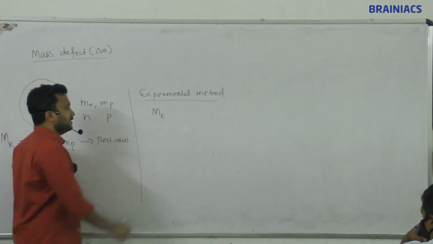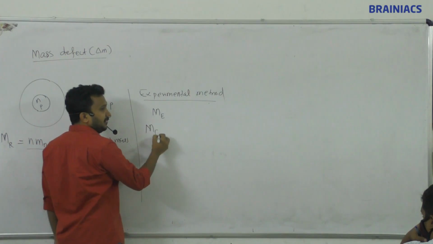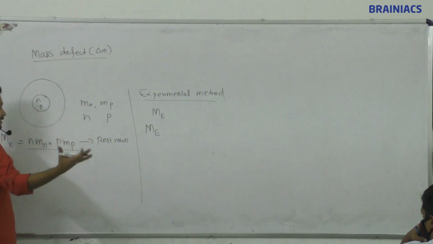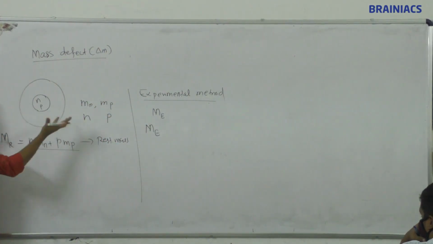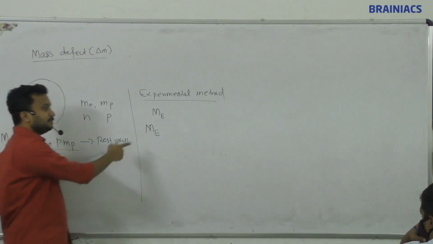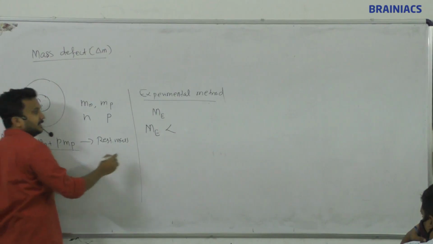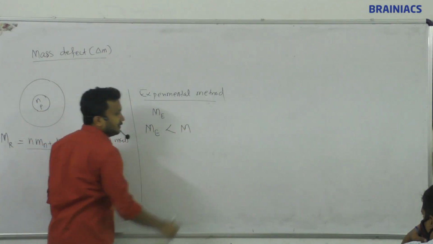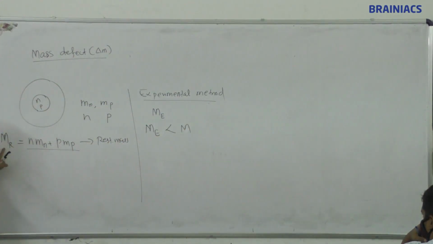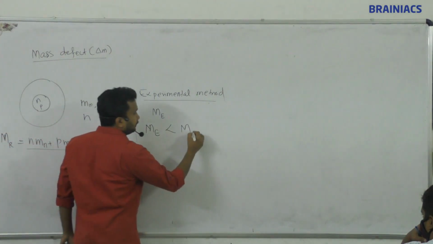You can assume we are putting the nucleus in a weighing machine and calculating. This experimental weight of the nucleus is less than the rest mass we calculated.